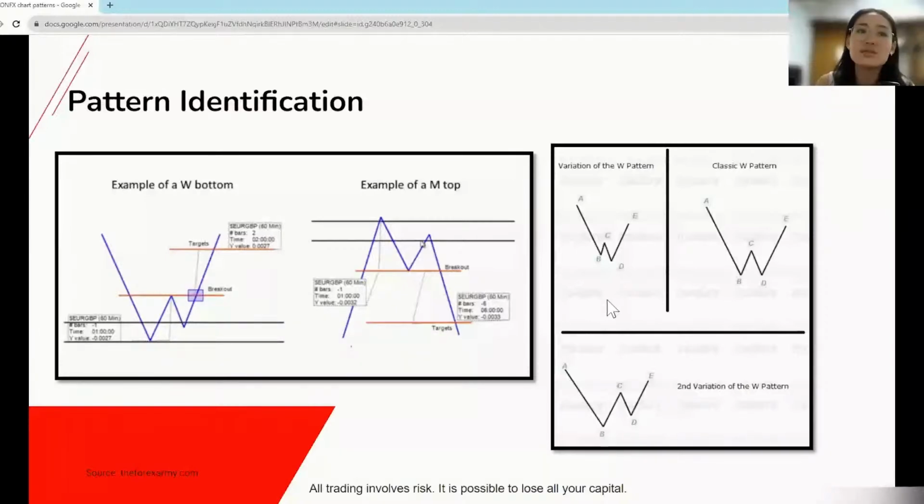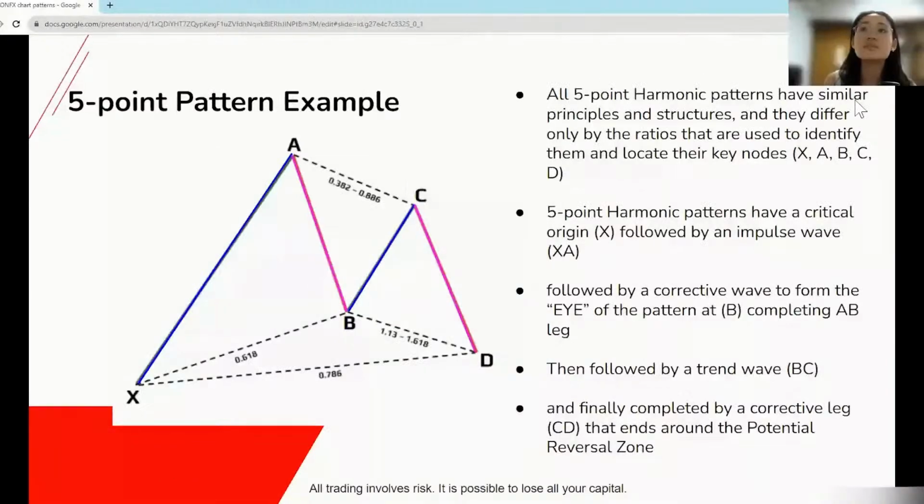Even though it's slightly different and uses a little bit more Fibonacci tools, the theory behind it, and how you use it, is about the same. Breakout or upside confirmation occurs when price breaks out of this neckline area. If we're talking about an M top, breakout or downward confirmation happens when price breaks out of this neckline. So it's pretty similar to what we talked about earlier.